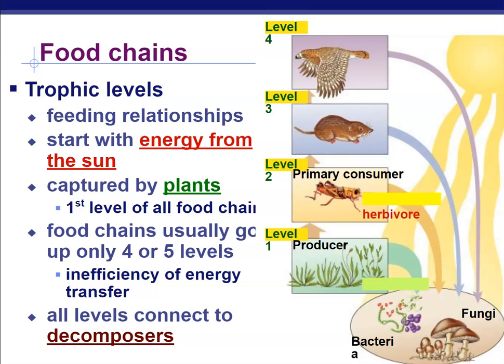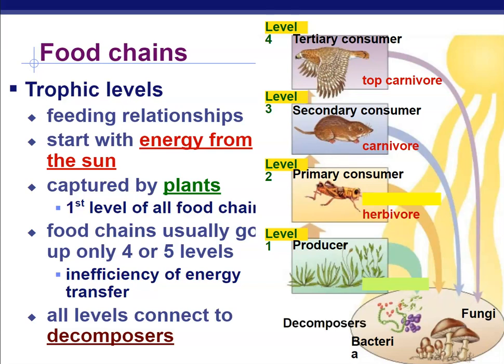That's generally going to be your herbivore. Then you have a secondary consumer, which is your carnivore. And tertiary, so third level consumer here, is another example of a carnivore. And eventually it all goes down to the decomposers. So again, your producer could also be called an autotroph, and all of those consumers can also be called heterotrophs.